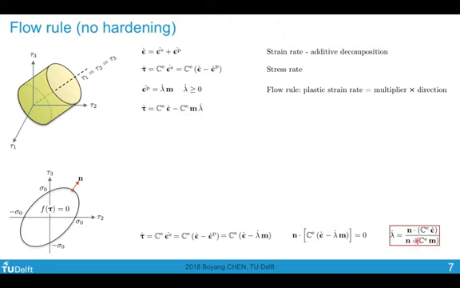Now next, we are going to substitute the expression of lambda dot into the expression for the stress rate, and then obtain a relationship of stress rate in terms of total strain rate. Here I've moved the lambda dot to the very last position because it's a scalar, we can move it.